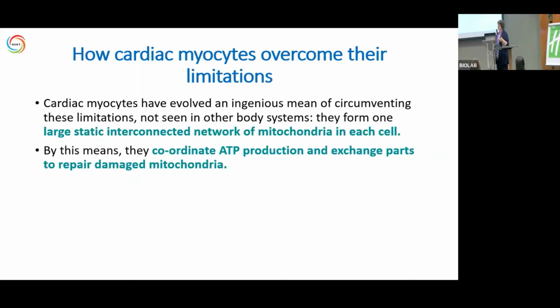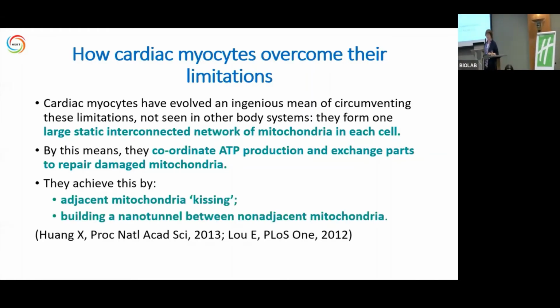This repairs the damaged mitochondria and makes the whole production of energy more efficient. They can achieve this by 2 means. Firstly, adjacent mitochondria kissing, as it's called. And the second way is by building a nanotunnel between non-adjacent mitochondria.